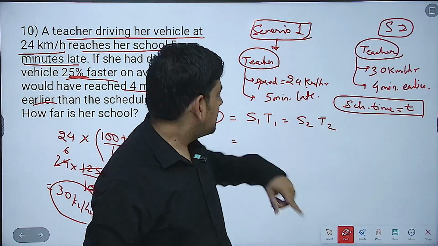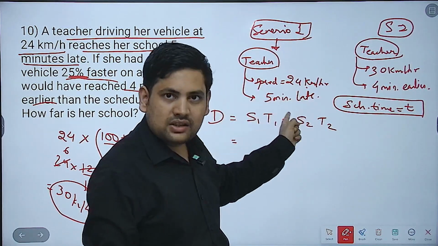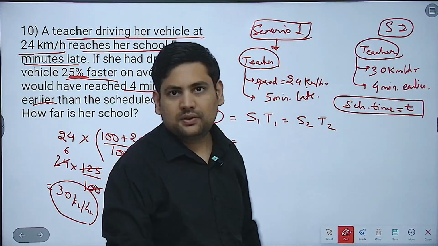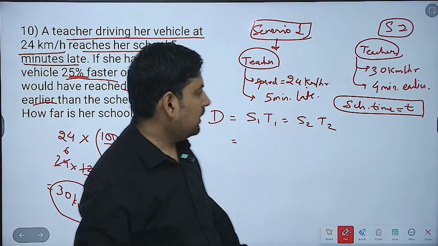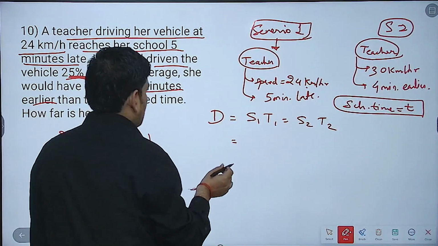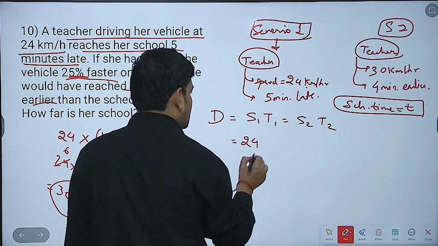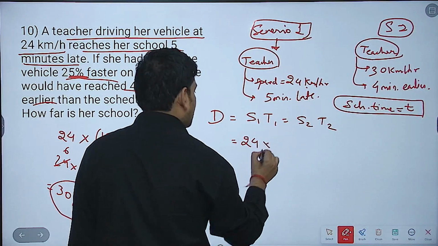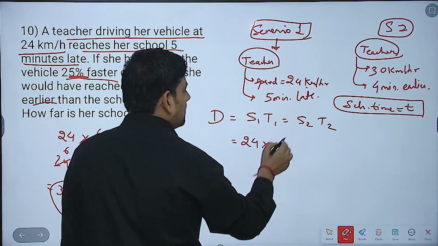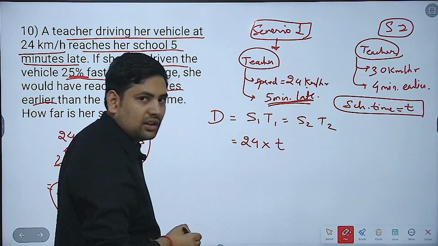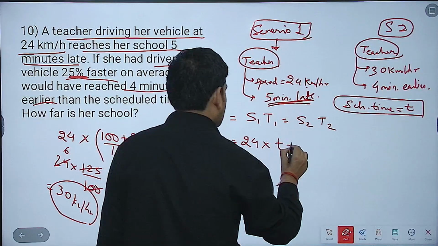If it is late, we will increase it, that is t plus 5, and if it is early, we will decrease it, so t minus 4 will be the time. Understood? Now in the first case, the speed is 24, in kilometers per hour, and the time is t plus 5, because she is late.